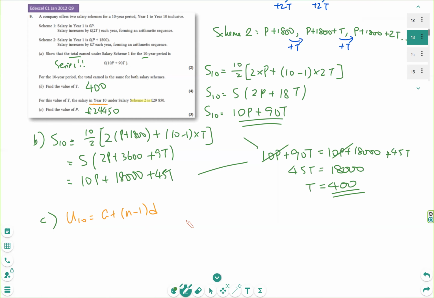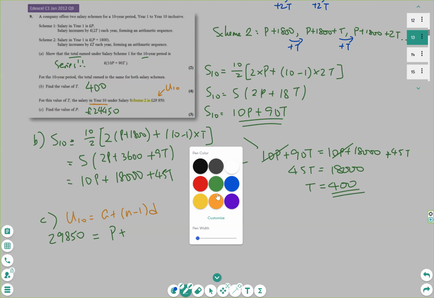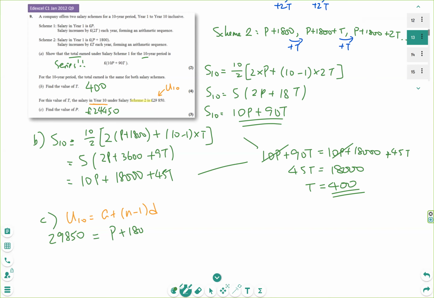So U10. What's the A? P plus 1,800. They're told it's 29,850, so this is U10. That's the A plus 10 minus 1 times the difference.